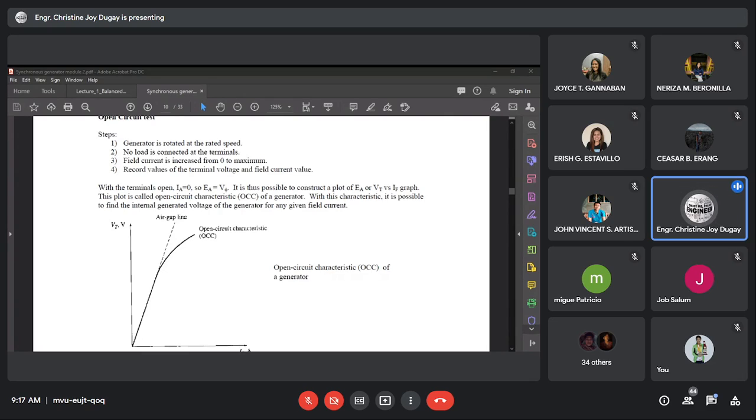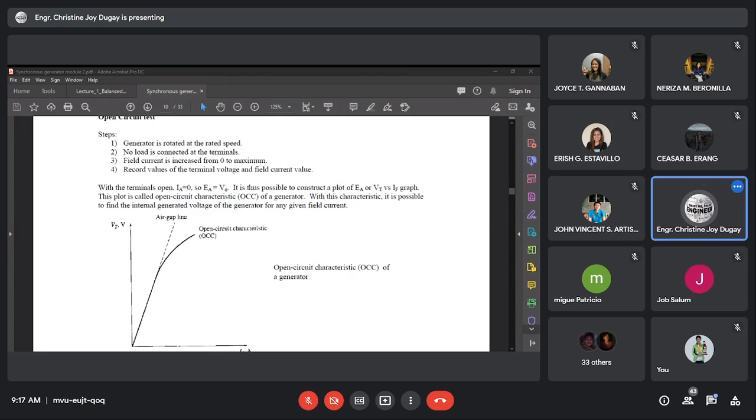So if that is 2-pole, 60 Hertz, so 3,600 yata yan. Parang kumbaga, kung tutuusin yun na yung maximum na speed niya. Pero meron pa kasing iba na pwede nyo pang lakasan yung speed niya, pero pagkatapos ng 3,600, there is a tendency na masisira yung machine. So yun yung rated.